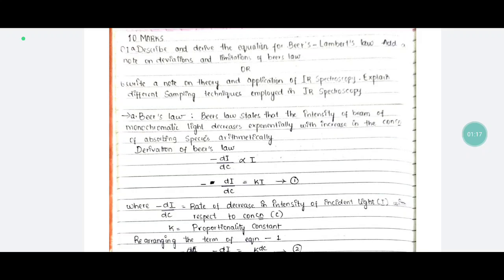So the derivation for Beers' law is minus dI divided by dC, which is directly proportional to I. So minus dI divided by dC is equal to kI, which will be equation 1, where k is the proportionality constant, and minus dI by dC is the rate of decrease of intensity of the incident light, that is I, with respect to the concentration, that is C.